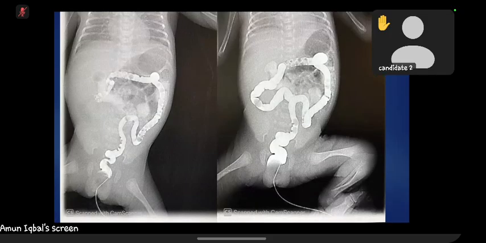Here the contrast is passing to the transverse colon and to the ascending colon with some filling defects within the contrast, which could be due to meconium within the bowel.